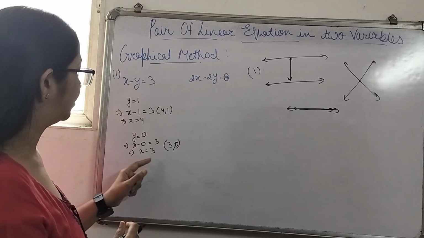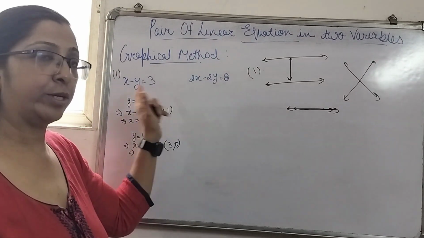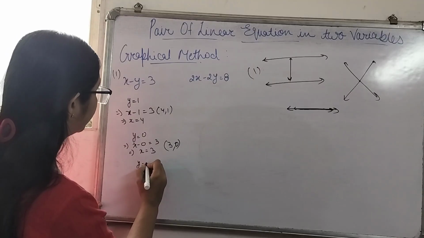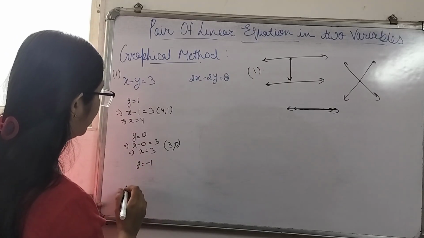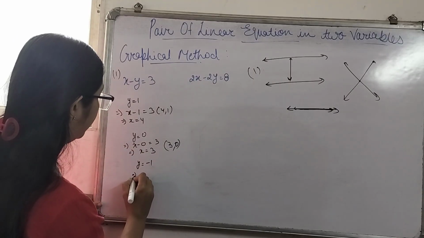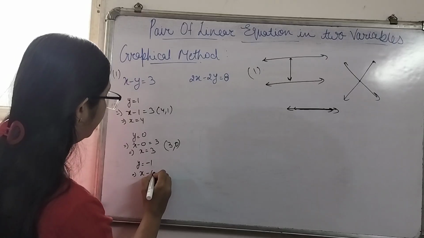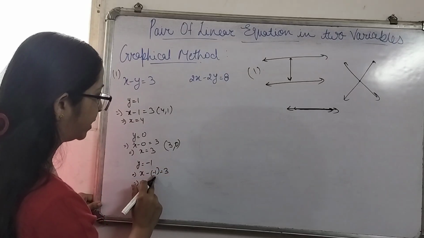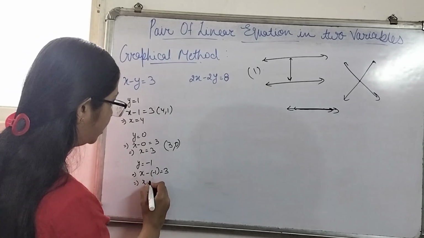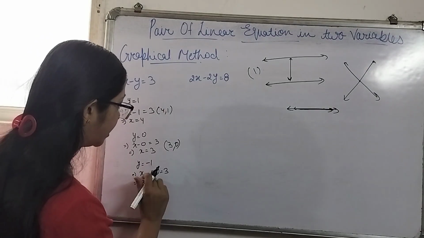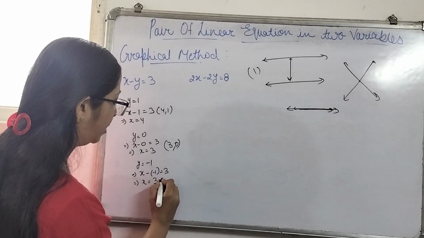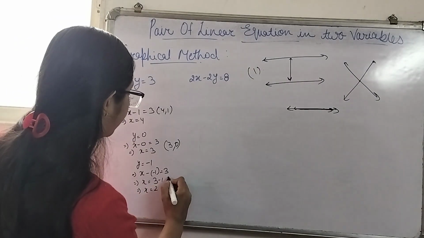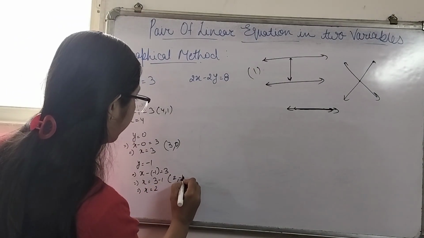Similarly, if I take y equal to minus 1, it will become x minus (minus 1) equals 3, so x plus 1 equals 3, or x will be 2. So another solution will be (2, minus 1).